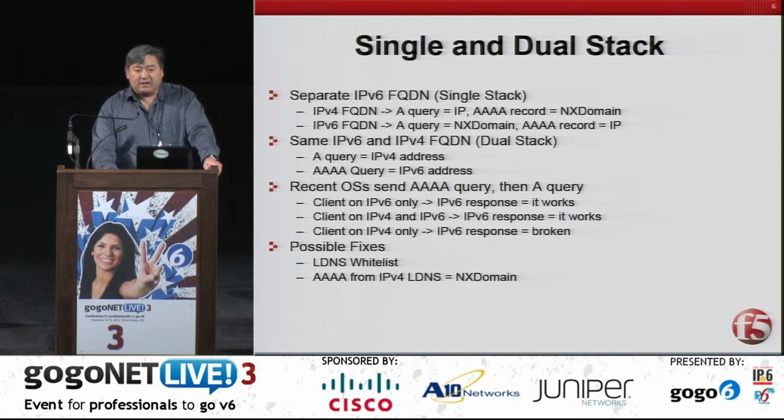So one thing you could do as a simple shortcut is to say, well, if I'm getting a quad A request from an IPv4 address, then I will assume that they are not able to handle it, and I'll return an NXDOMAIN and force them to come back to me with an A record request.